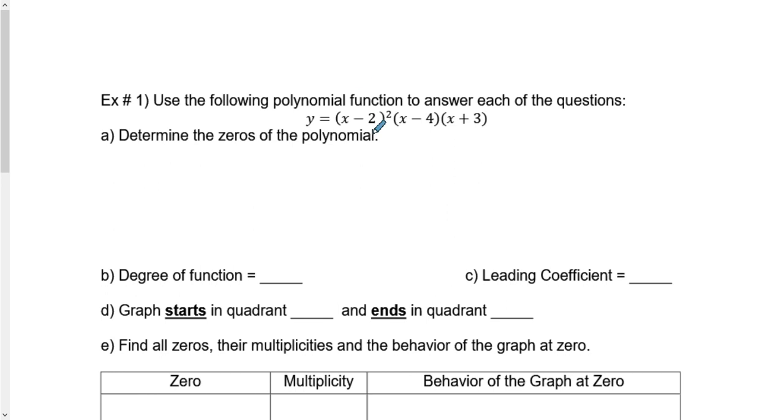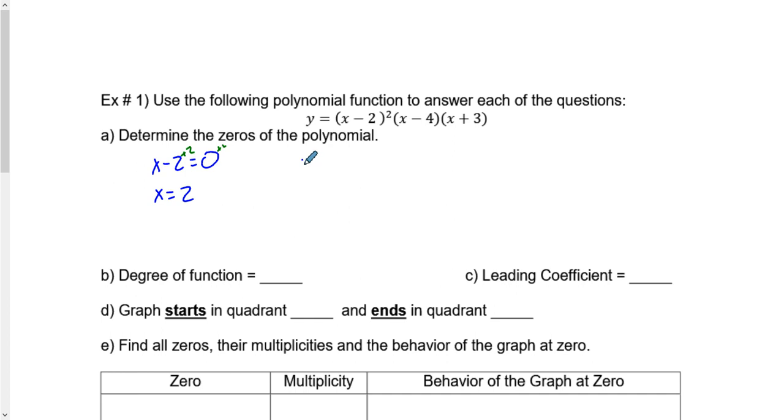If we want to determine the zeros, we have to look at our factors. Tying back to Foundations 20, we set them equal to 0. So x − 2 equals 0. Where does x − 2 equal 0? We add the 2 to both sides, and x equals 2.